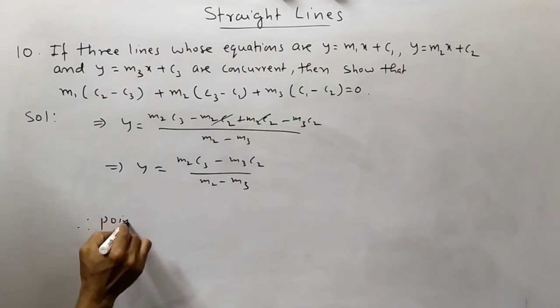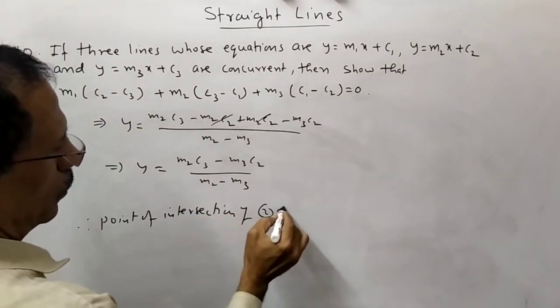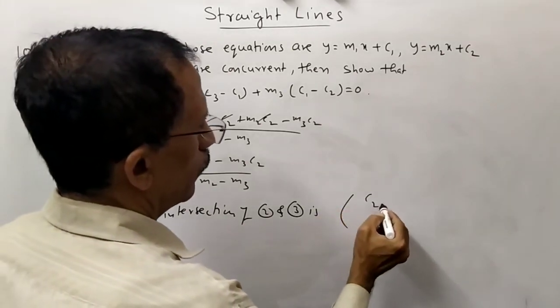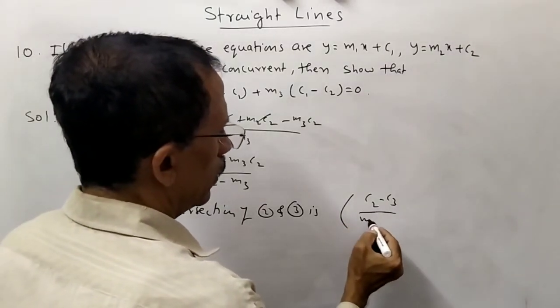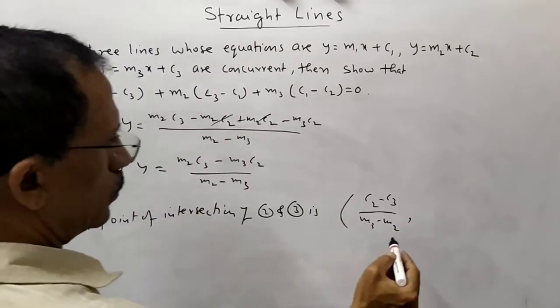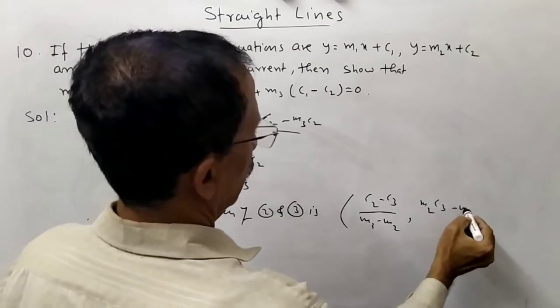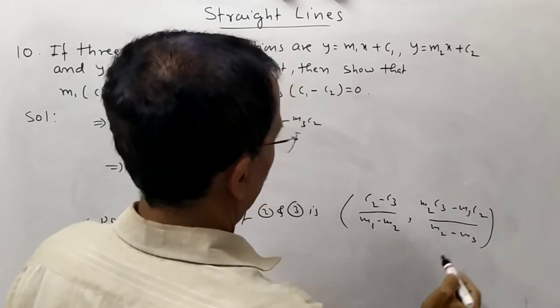Therefore, point of intersection of 2 and 3 is c2 minus c3 divided by m3 minus m2, m2 c3 minus m3 c2 divided by m2 minus m3.